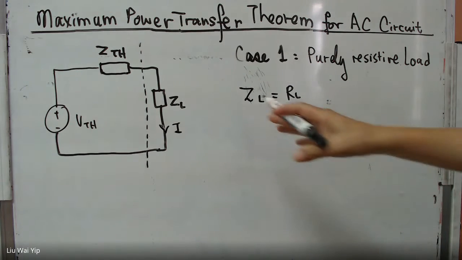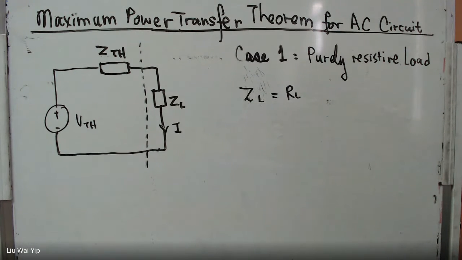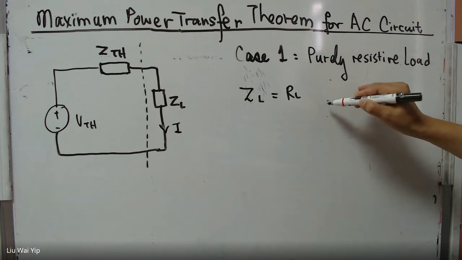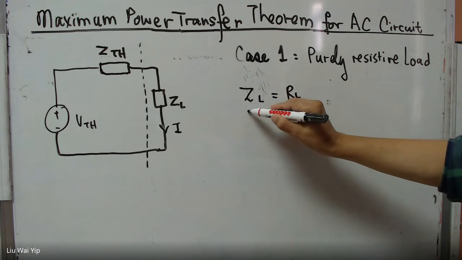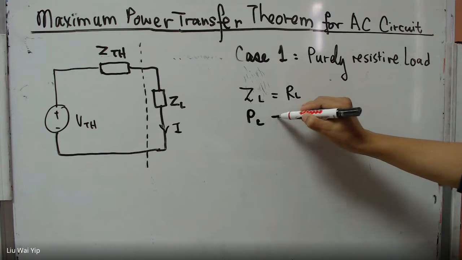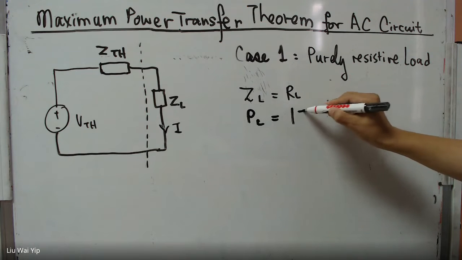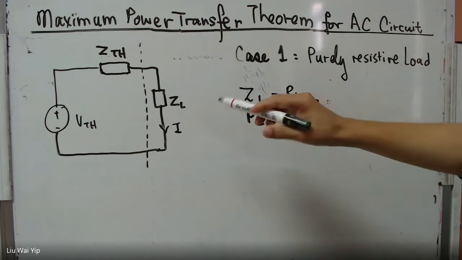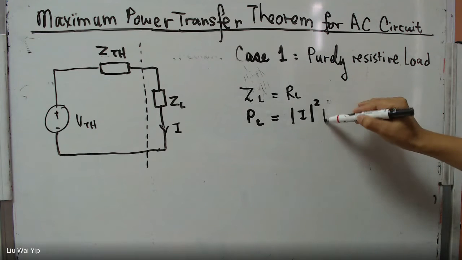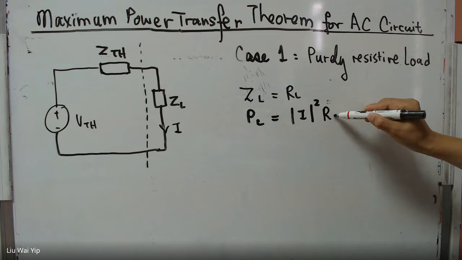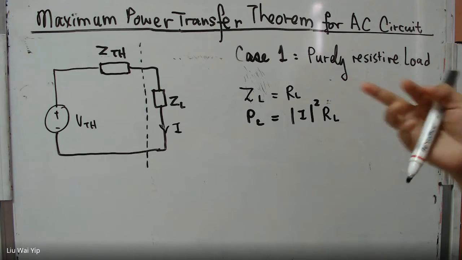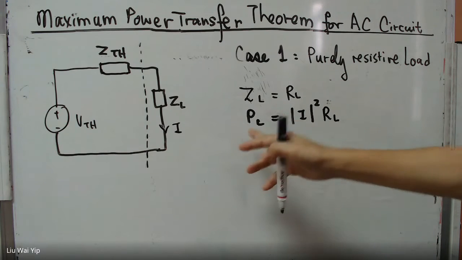So according to this diagram, the power to the load is going to be PL, which is the magnitude of I squared, which is the current, times RL, the resistance. There is no imaginary part in the load. So what is I in this case?